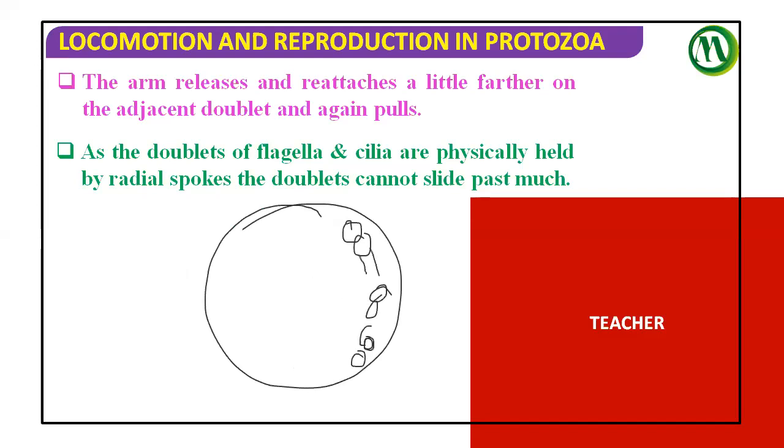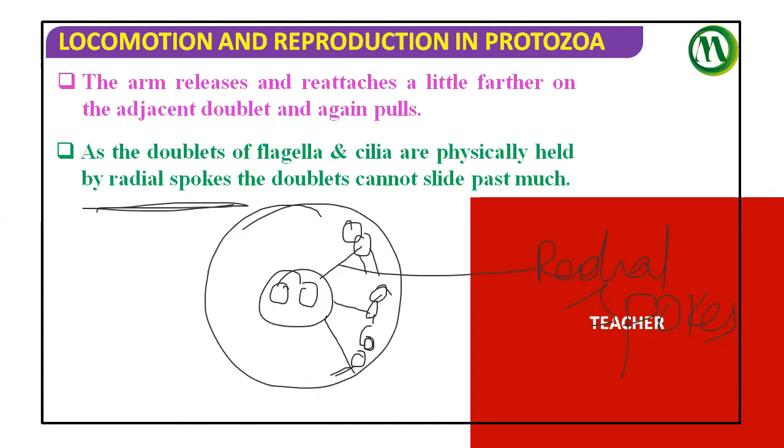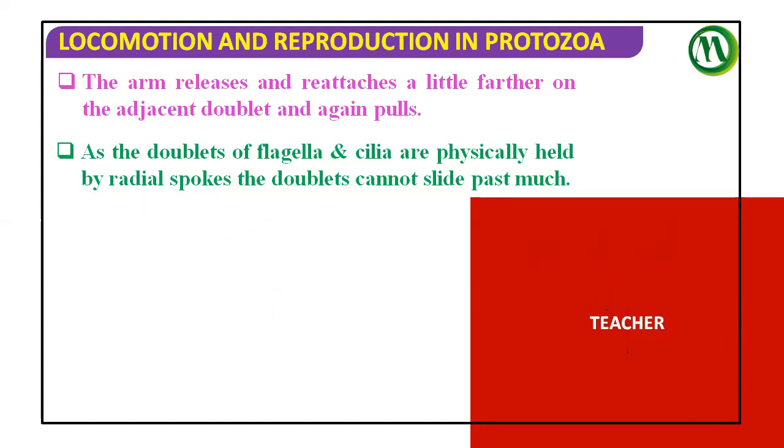So as not to over-pull, the inner fibrous sheath is connected to the A microtubular doublet with radial spokes. So the radial spokes control this, as the doublets cannot slide past much.